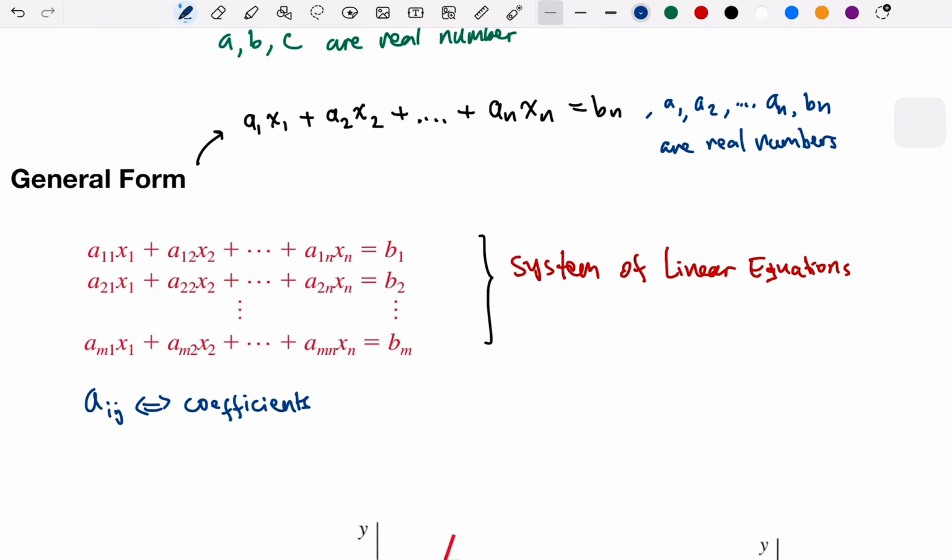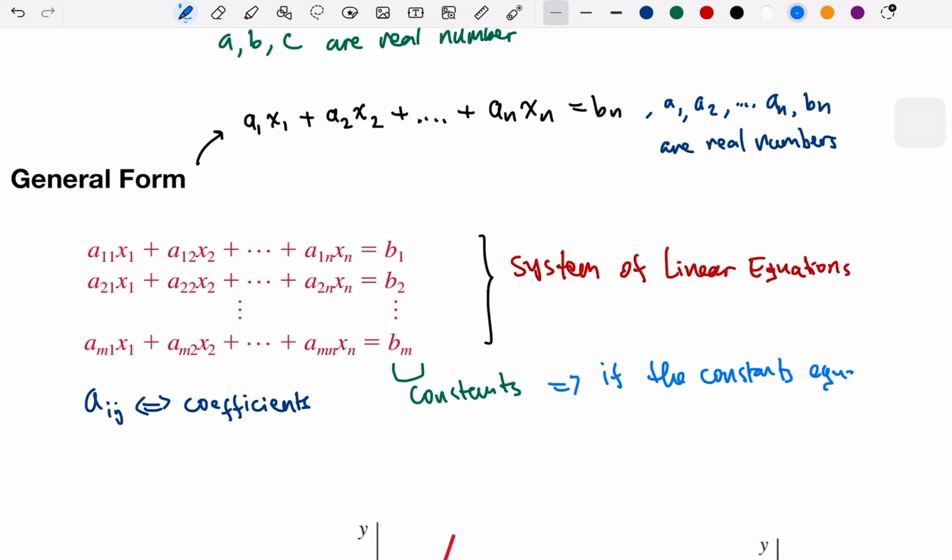If the constants equal 0, we say the system is homogeneous. If not, then it is non-homogeneous.